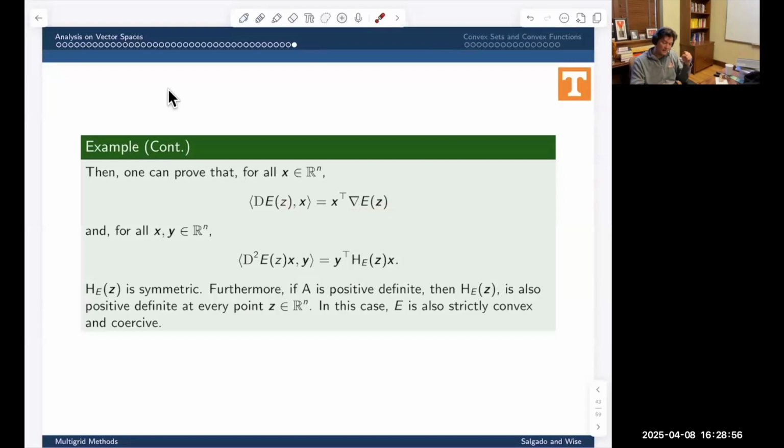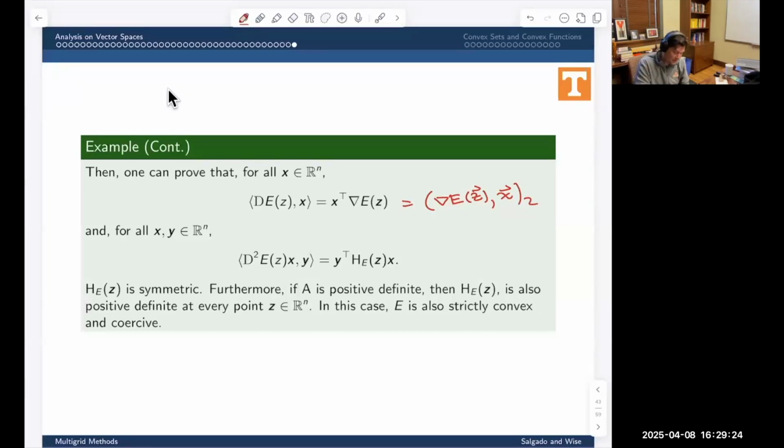Remember, we view every bolded vector as a column vector, so x transpose times this vector is really just the dot product. I could rewrite this as equal to grad E z, x in the 2 inner product, right? So it's just the Euclidean 2 norm.